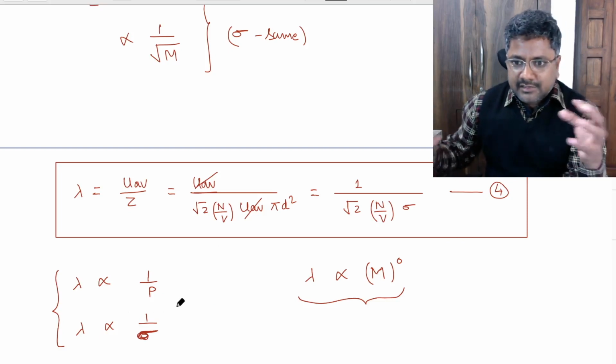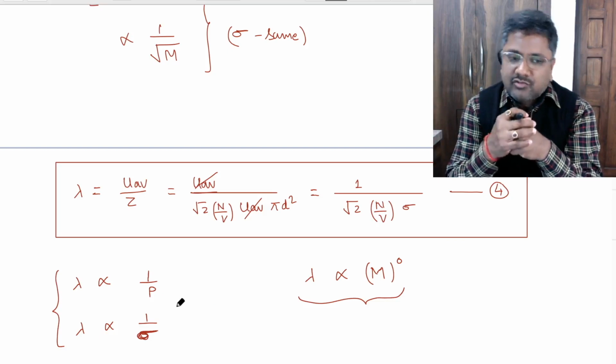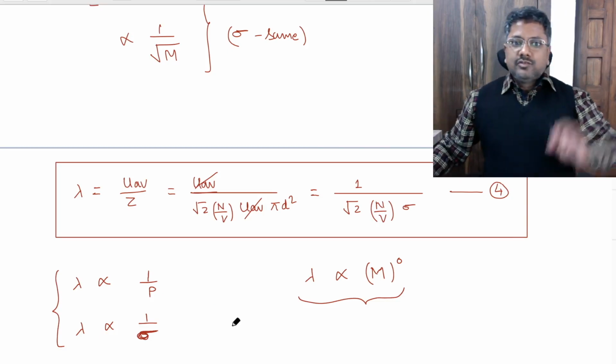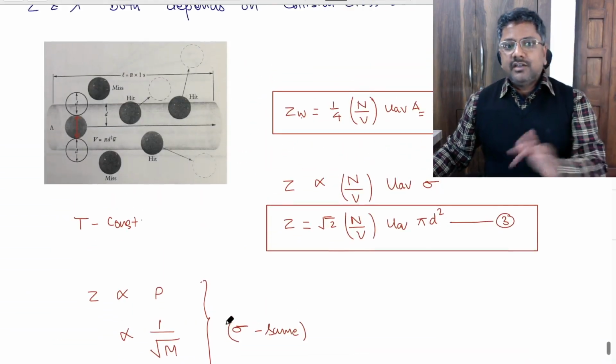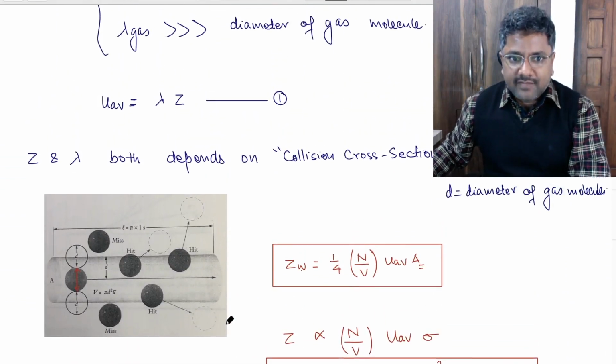Obviously the average distance traveled by the gas molecules between successive collisions decreases, right? So this is all about mean free path, their dependency on different factors, and collision frequency.